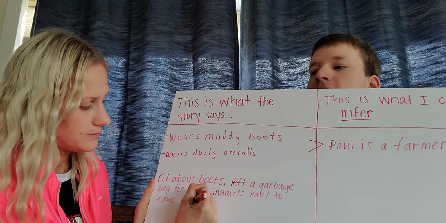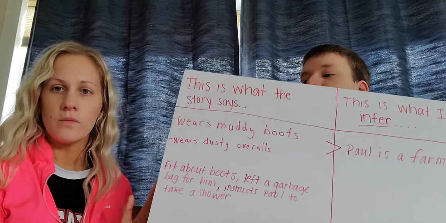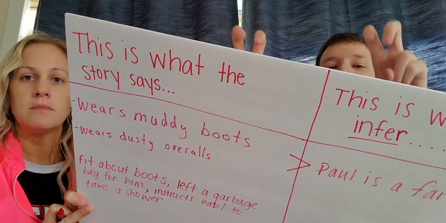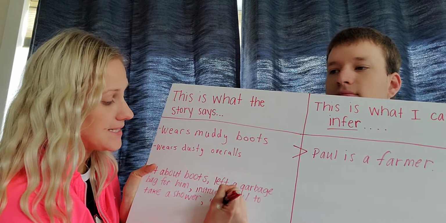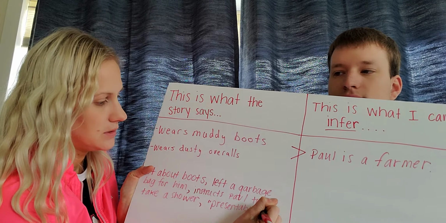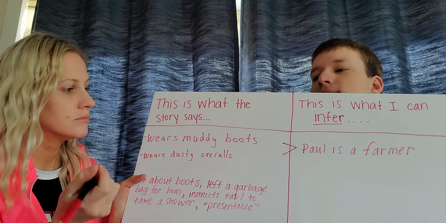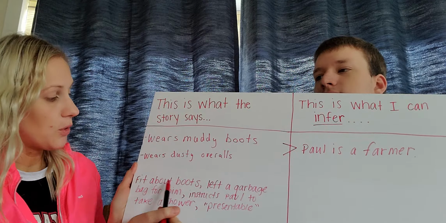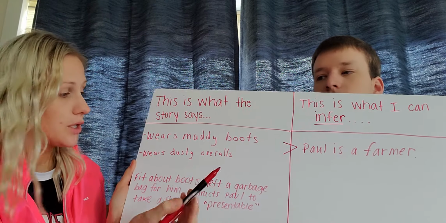What else, Mr. Tembor? And then it says he would eat dinner with her after he was presentable. I like that. Okay, so she used the word presentable. And I'm assuming she makes the dinner too, right? Okay, so we know that she would throw a fit about the muddy boots if they made it past the porch.